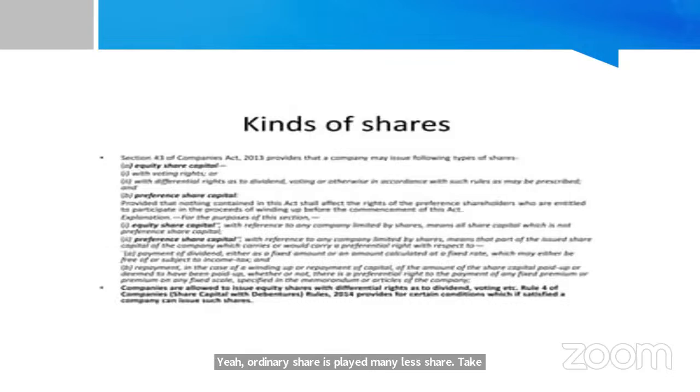So section 43 of the Act says that when the share capital of the company is limited by shares, then the shares shall be of two kinds. One is equity share capital. The people holding the equity share capital have voting rights. And preference share capital.